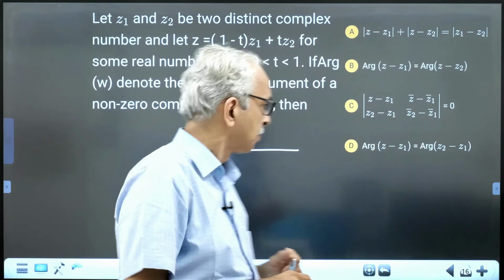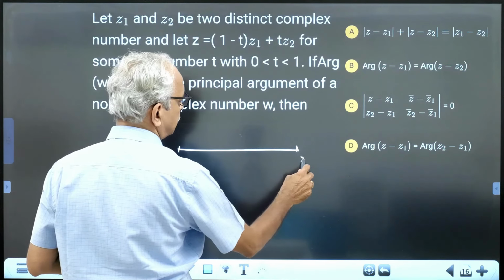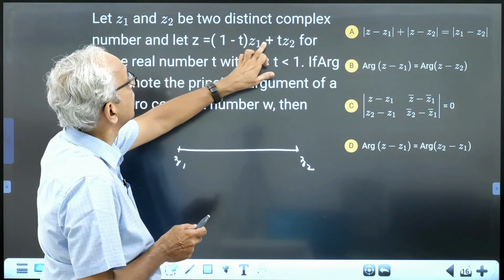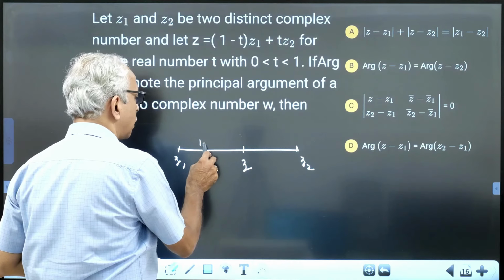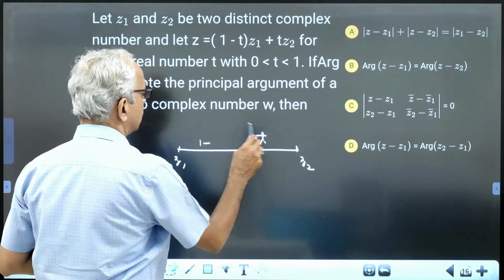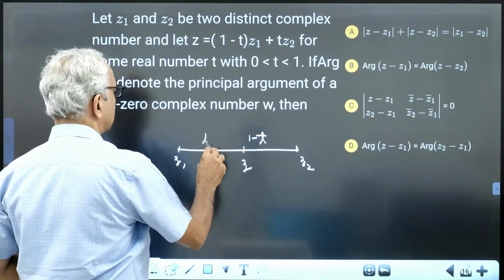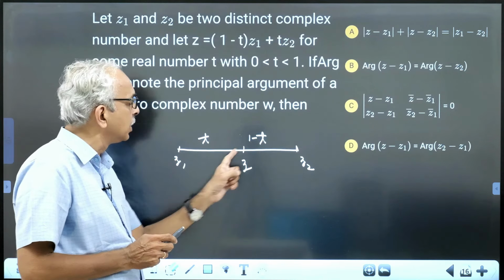That you know. Suppose this is Z1 and this is Z2, and Z is a point satisfying this property. Suppose this part is 1 minus t and this part is t. If you use the section formula, (1 minus t) Z1 plus t Z2 is Z, right?